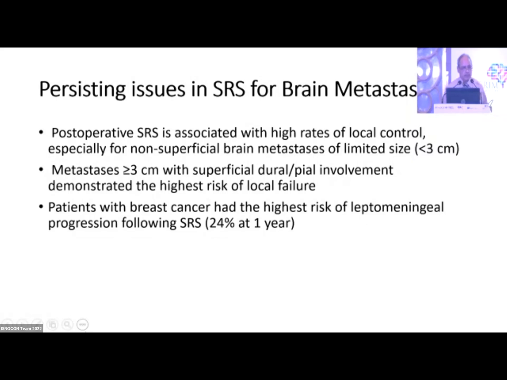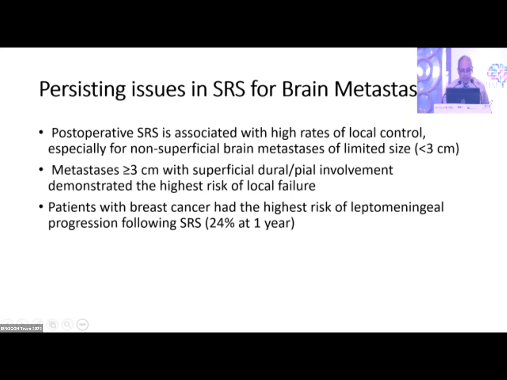The other thing, of course, you remember, stereotactic radiosurgery has got a defined size to treat. If it is less than 3 centimeters, and in a deep-seated location, that's fine. But more than 3 centimeters, either you go for surgery, and if they have got a dural or pial involvement, then of course you'll have failures.